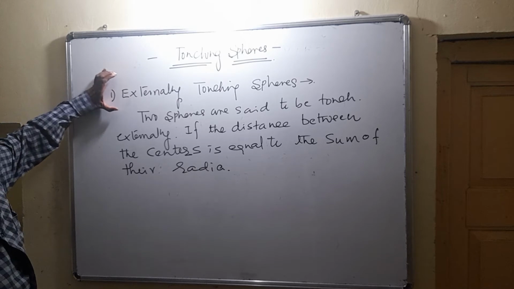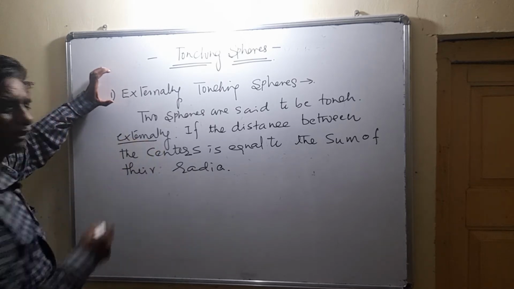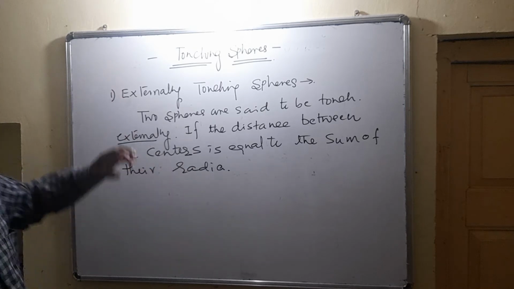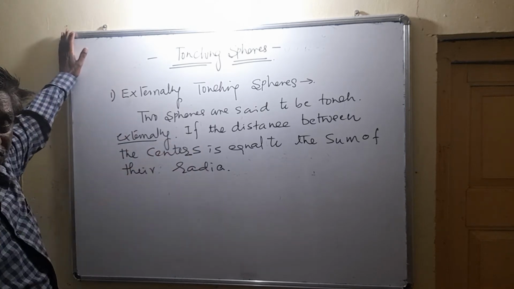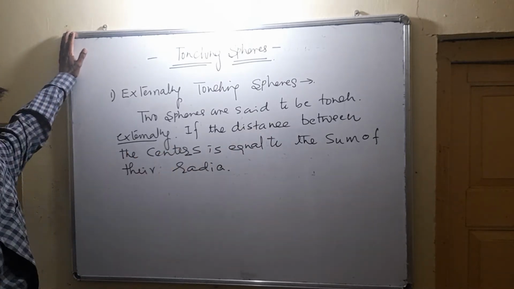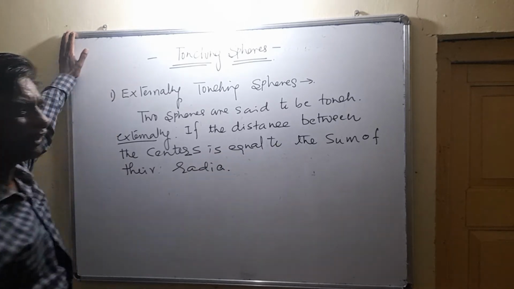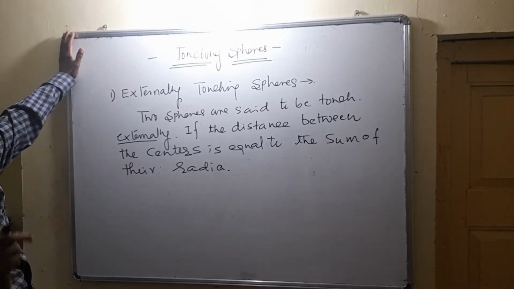Again, the condition: the distance between the centers is equal to the sum of their radii.